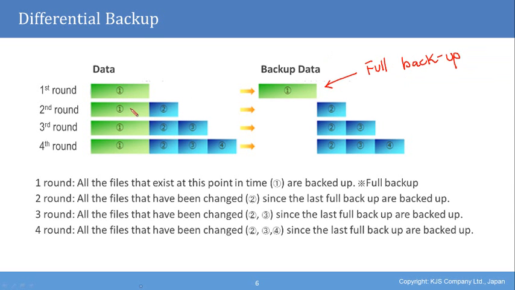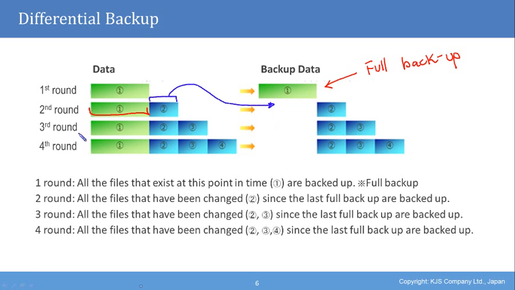So when we are backing up in the second round using the differential backup method, it backs up the data that is different from the last full backup. Now this load of the data is from the last full backup, which means that this is the new piece of data, which means that this is the only part that gets backed up.